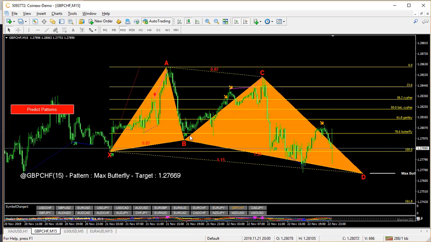This is actually a confirmation for a butterfly on that B point, and it does seem like it's about to complete. But again, I'm not interested since it's not near that C point anymore. So we go to the next pattern.